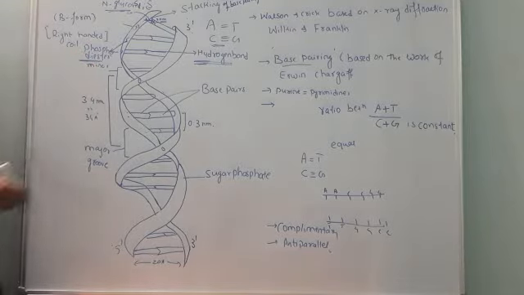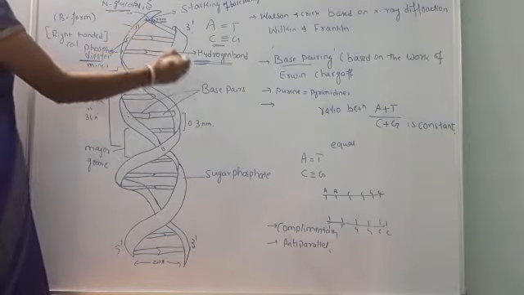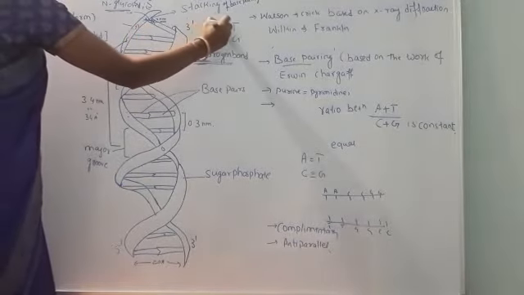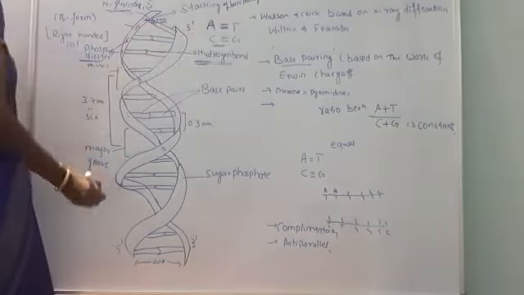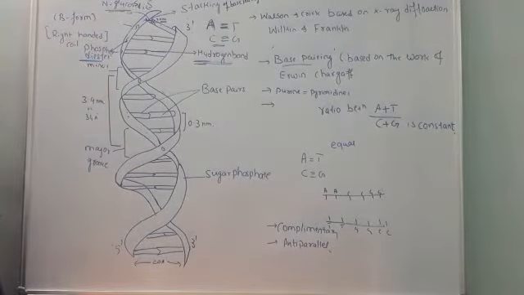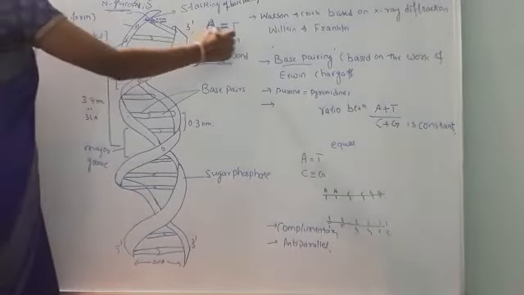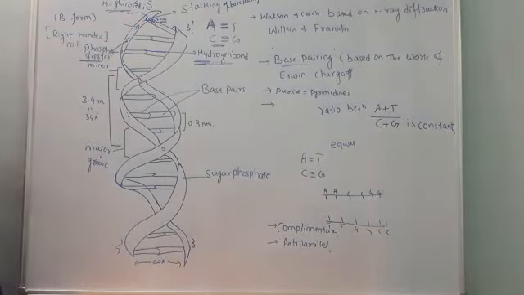The third type is the hydrogen bond. For example, A pairs with T with 2 hydrogen bonds, and C pairs with G with the help of 3 hydrogen bonds. Thus, the hydrogen bonds are present between the purine as well as the pyrimidine.